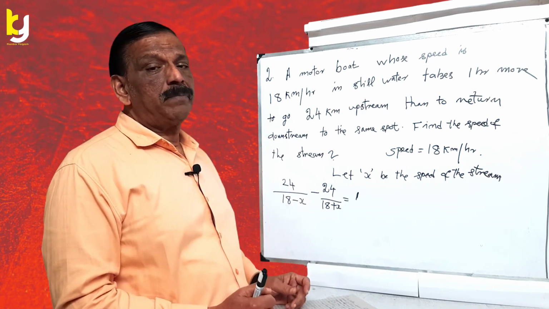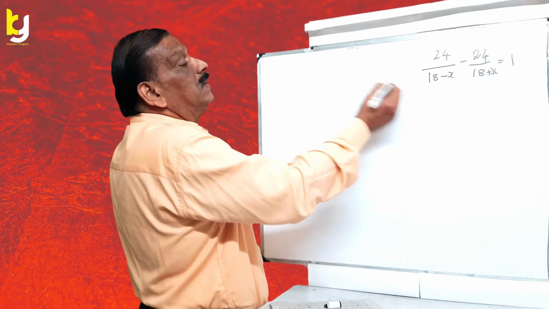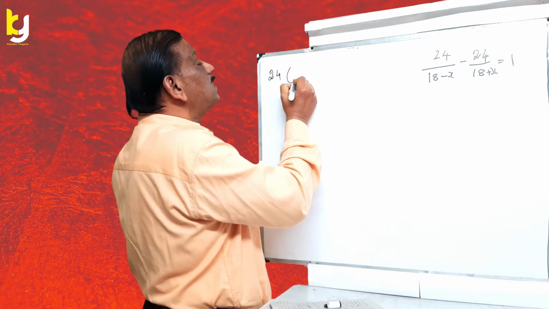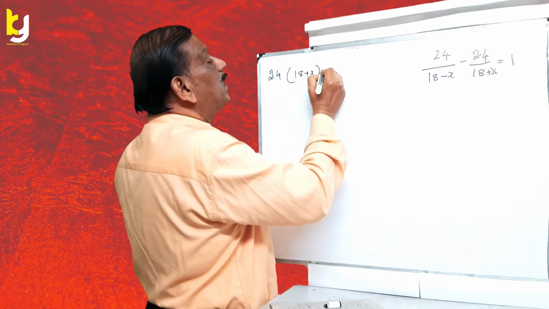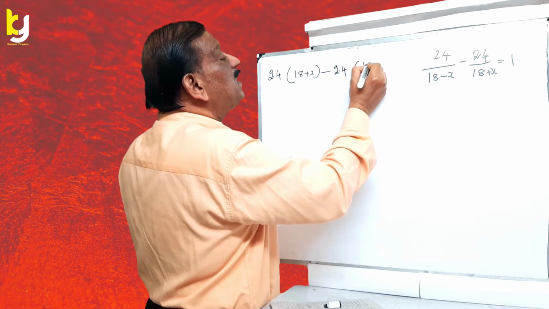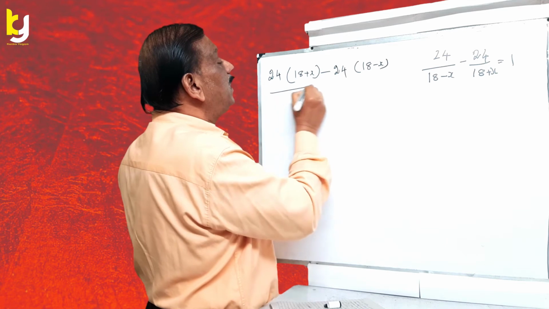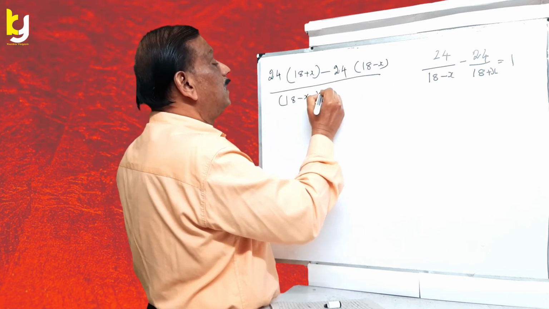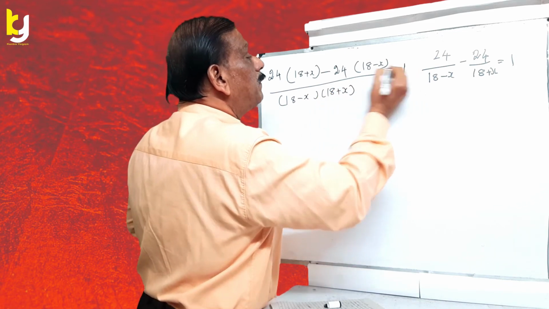Okay. Next step is, 24 into 18 plus x, minus 24 into 18 minus x, whole divided by 18 minus x into 18 plus x, that is equal to 1.